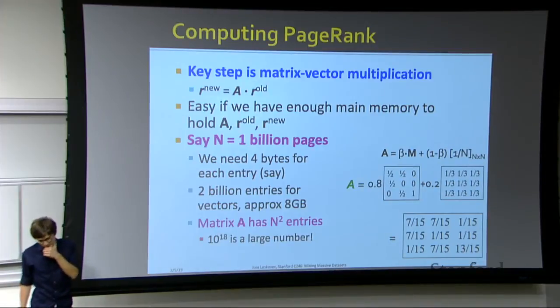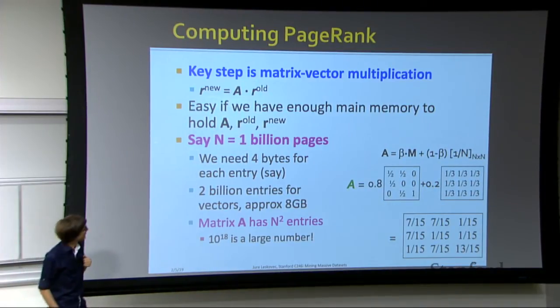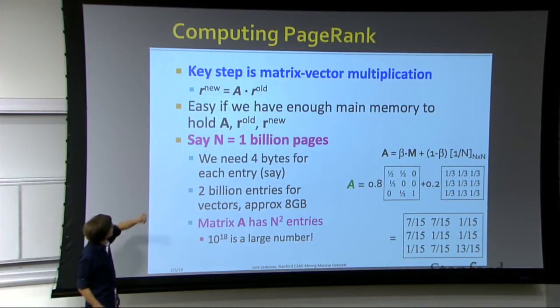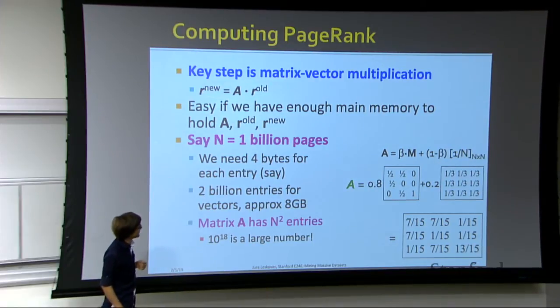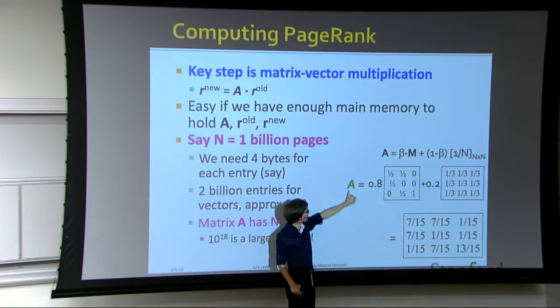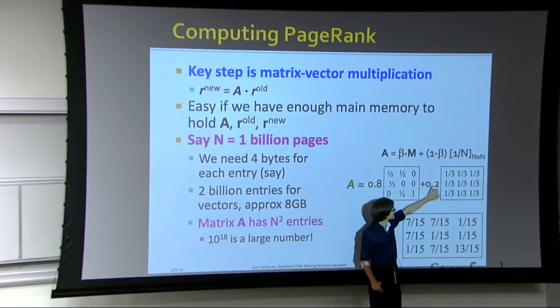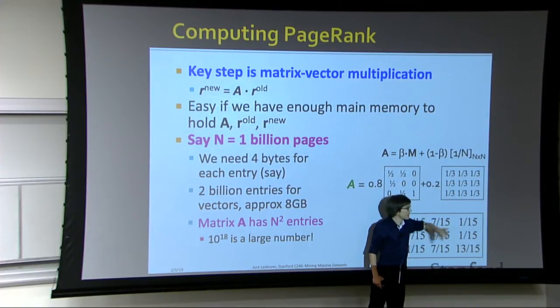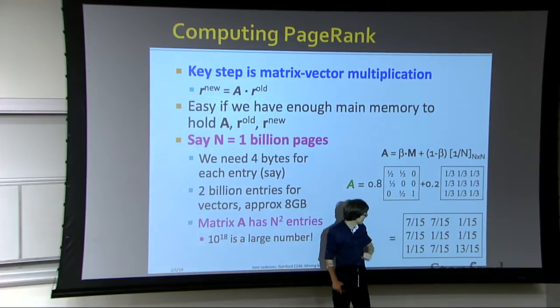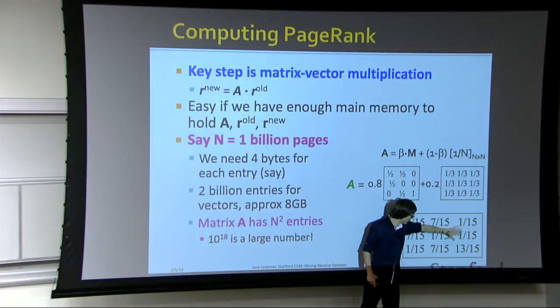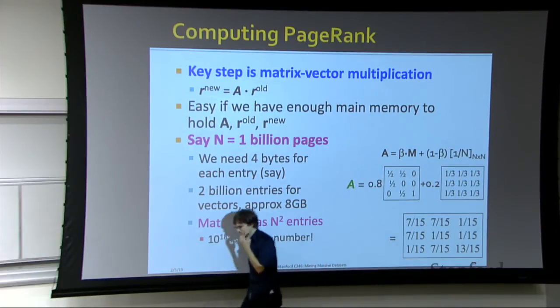How do I compute it? The way we said it was, we will run power iteration over this matrix A, which is beta times M plus 1 minus beta times this matrix that's full of 1 over n's. This means that the sum of these two matrices will also be a full matrix with all the entries being non-zero.